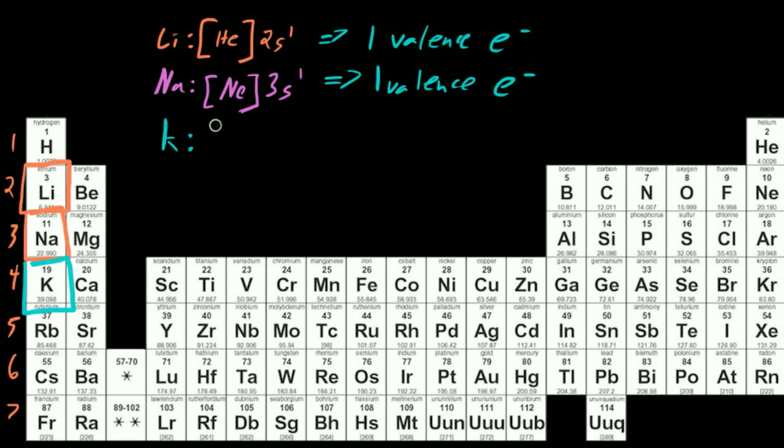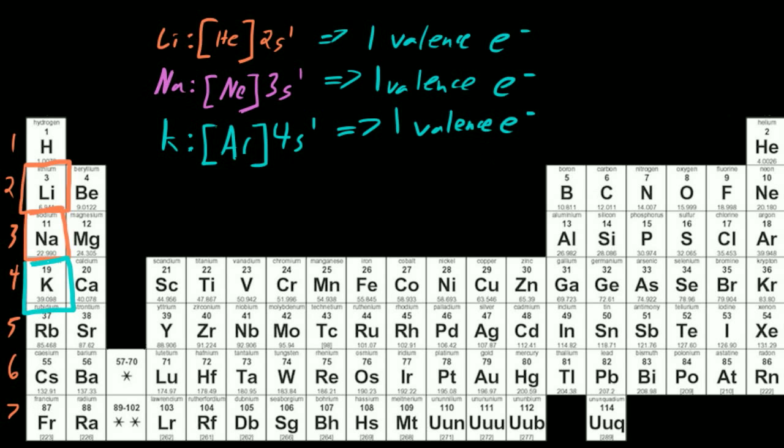So potassium is going to have argon's electron configuration, and the only extra electron on top of argon is going to be 4s1. Does argon have any fourth level electrons? You can do the electron configuration for argon yourself and see that no, argon doesn't have any fourth level electrons. So potassium also is going to have one valence electron.